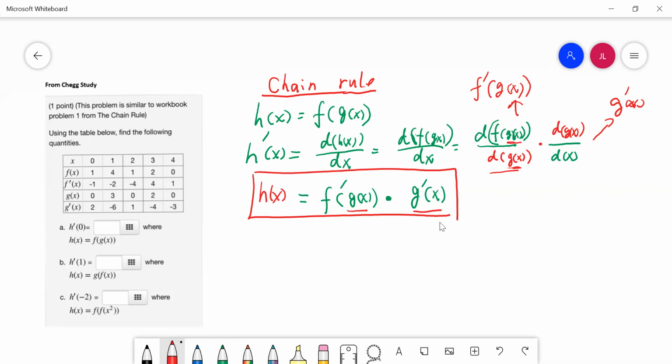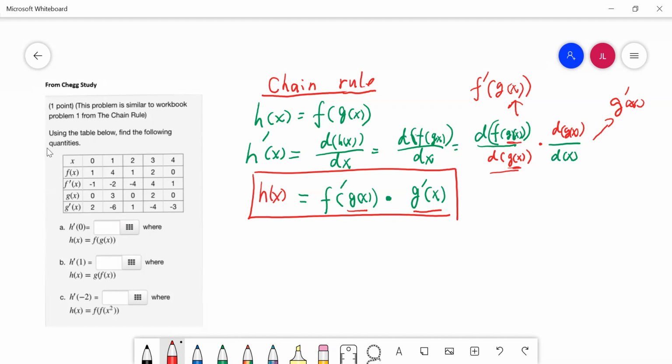Pretty straightforward. However, a lot of students have trouble solving this table question at the left with the chain rule. This is a question from a Czech study.